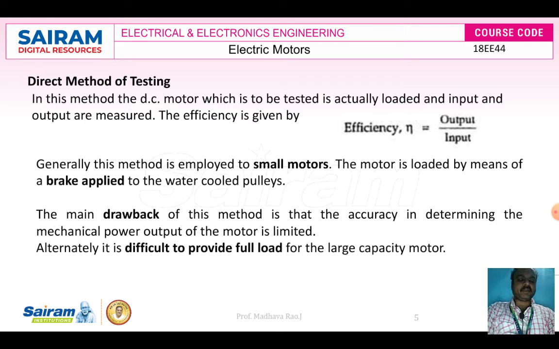In a simple definition we can say output by input, but in terms of power we take the ratio between power output and power input, which is called efficiency. Generally this method is employed for small size or small rating motors.